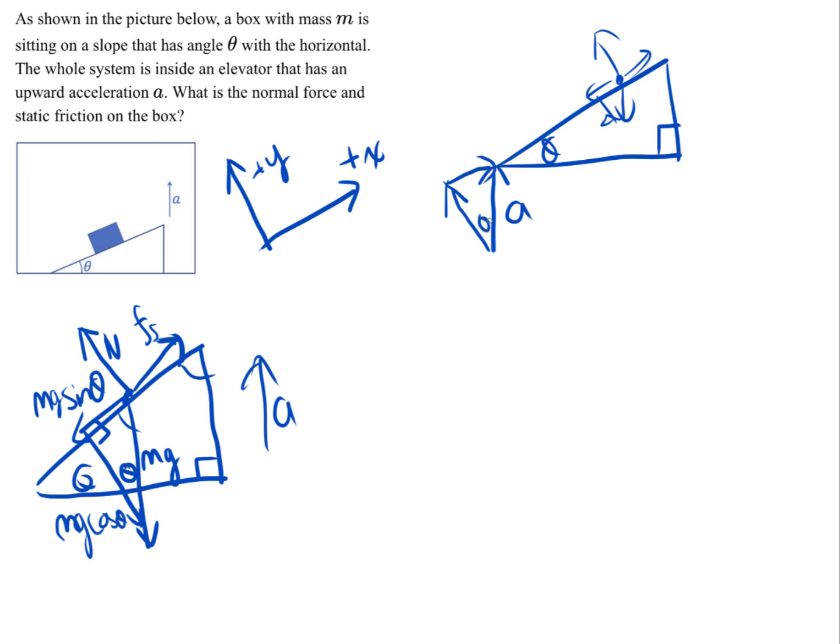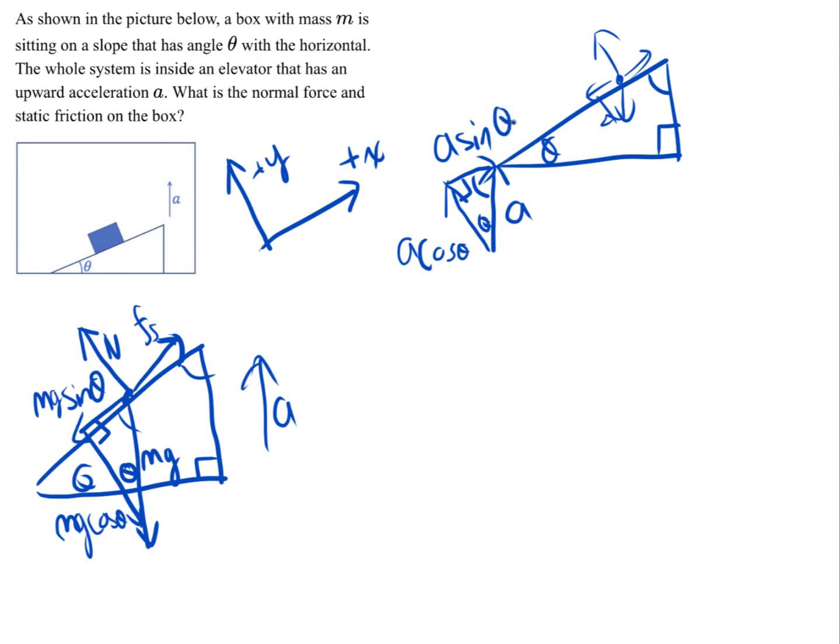And again, this is angle theta because the perpendicular and parallel components make a right angle, and this angle is congruent to this angle. So from trigonometry again, the perpendicular component becomes a cosine theta, and the parallel component becomes a sine theta. And that is how we can decompose a.